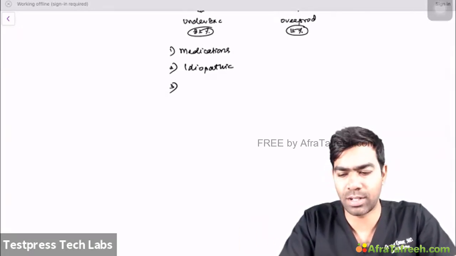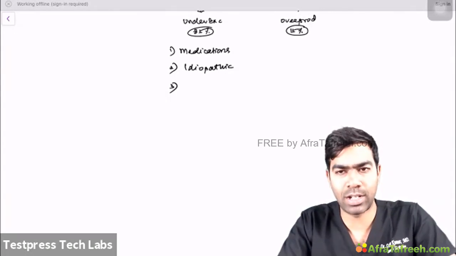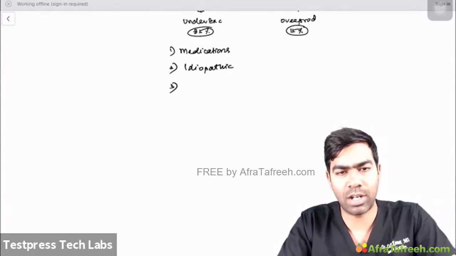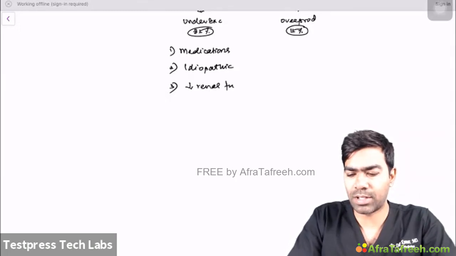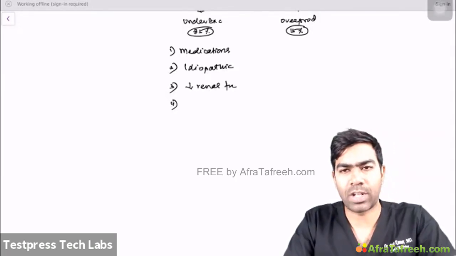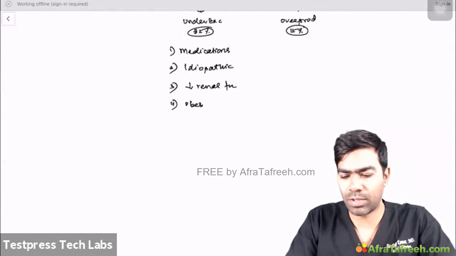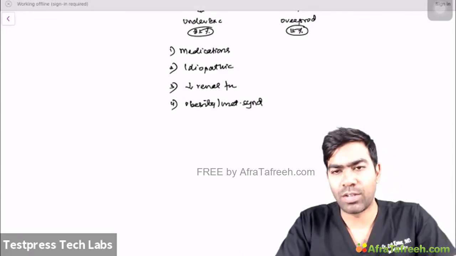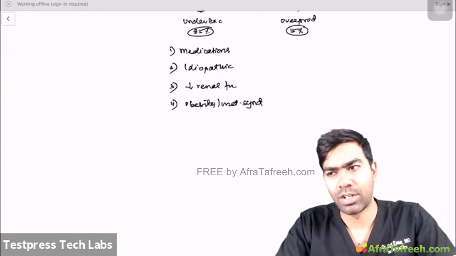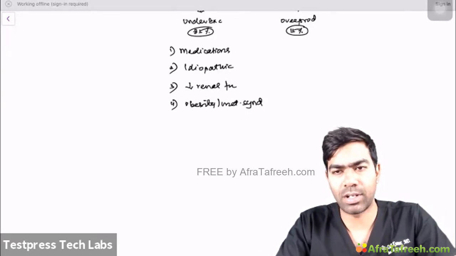But we really don't clearly know the real reason for hyperuricemia in a lot of patients. And of course, reduced renal function, which means CKD, AKI patients will have hyperuricemia. And of course, obesity and metabolic syndrome is a very important cause of increased uric acid turnover, increased cell turnover. Because of that, you can have increased uric acid, and obesity and metabolic syndrome will also result in reduced excretion of uric acid in the urine due to some unknown reasons.